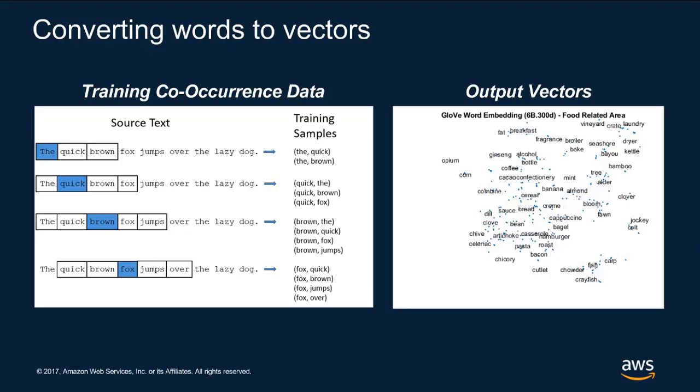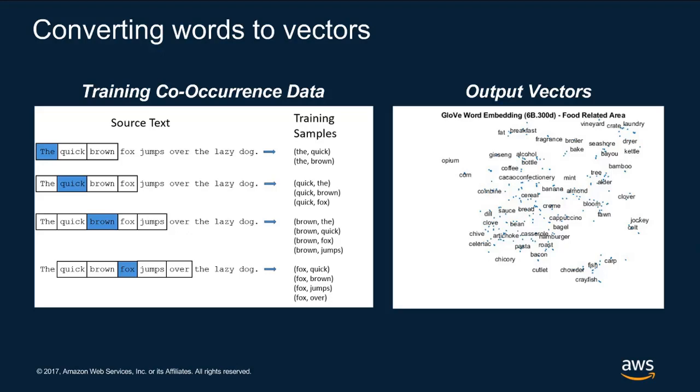You can see this is the GloVe word embedding, and it's 6 billion words, which is what the 6 billion stands for, and it's 300 dimensions. So the vector is 300 units long. Obviously, this picture, which is only two-dimensional, is just a condensed representation of those 300 dimensions.